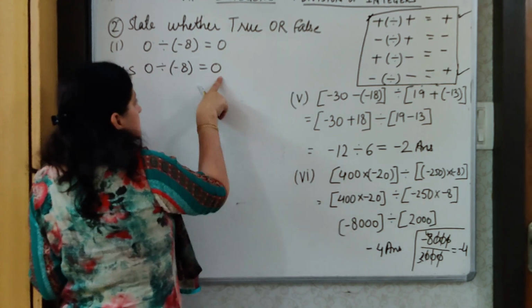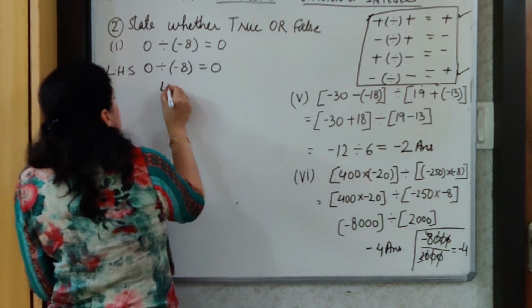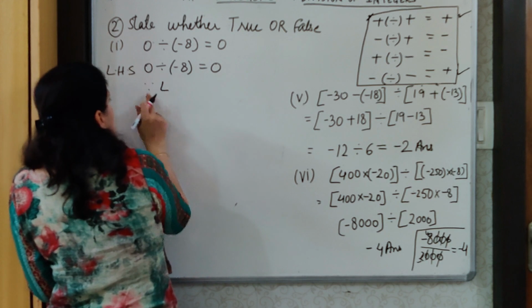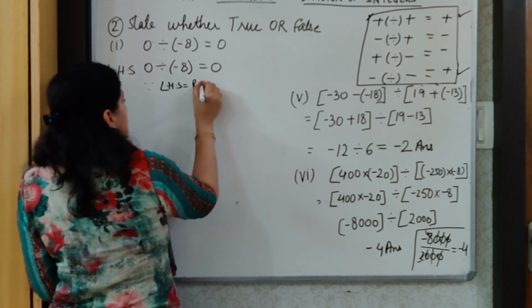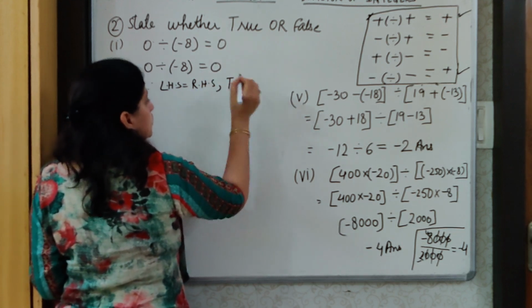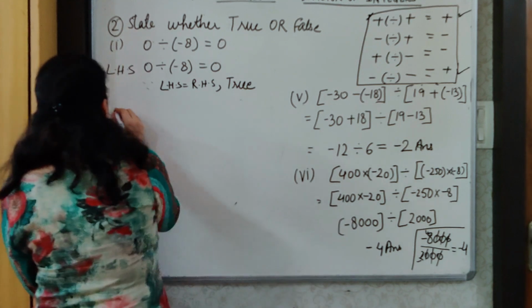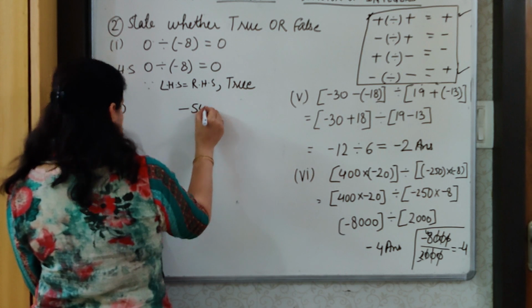Now my LHS is 0 and RHS is also 0. Therefore the statement is true. We write: because LHS is equal to RHS, the statement is true.